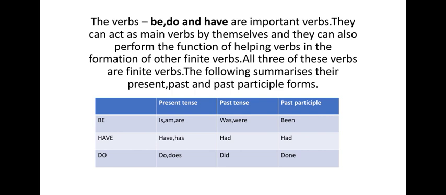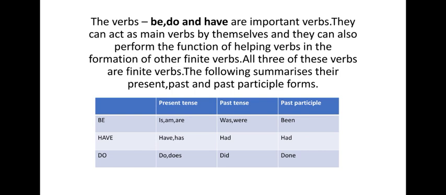Was is for singular and were is for plural. In the past participle, we have only one, that is been. Now, coming to the second verb, have, we have have for plural subjects and has for singular subjects. In the past tense, we have had, and even in the past participle we have the word had.